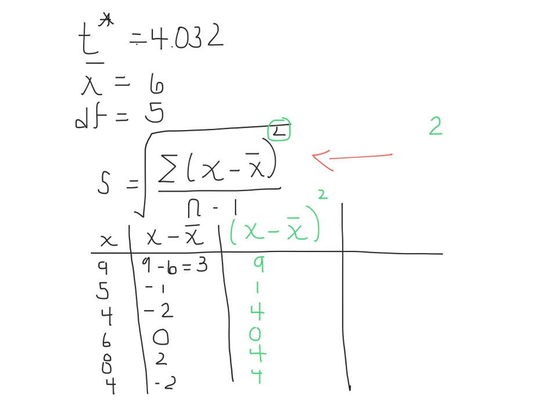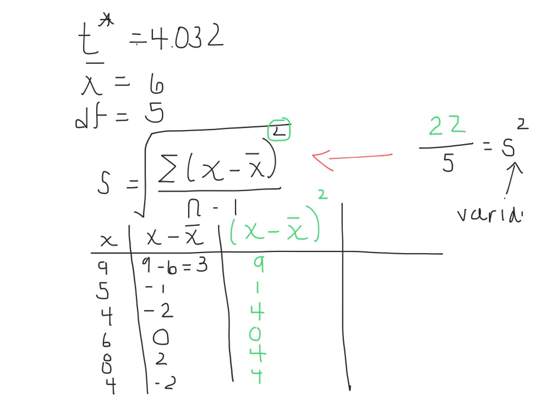So that is the numerator portion of this formula. Then I need to divide by one fewer than the number of observations in my data set. Well, I had 6 observations in my data set. One fewer than that would be 5. If I divide 22 by 5, I have what's called the variance. It's also denoted S squared.